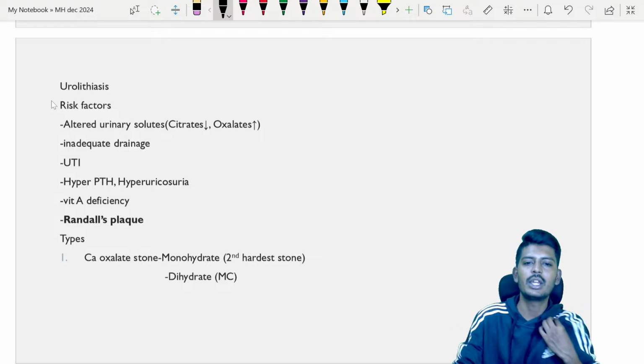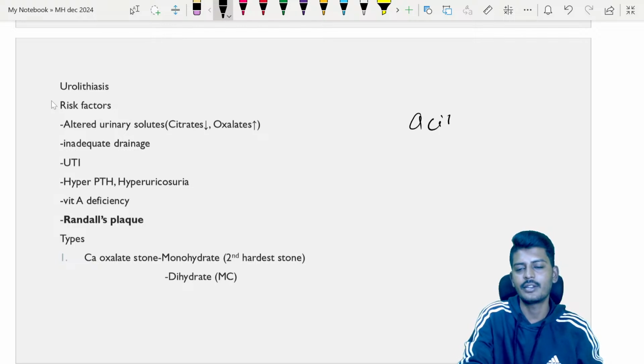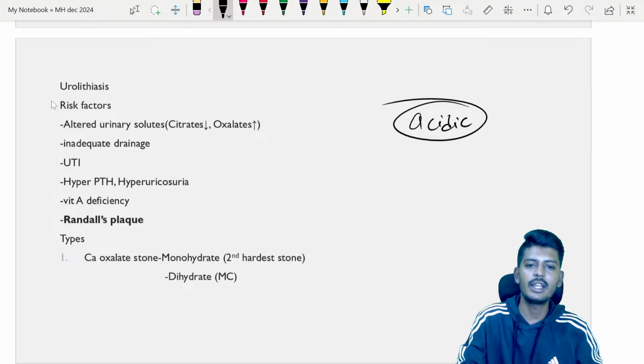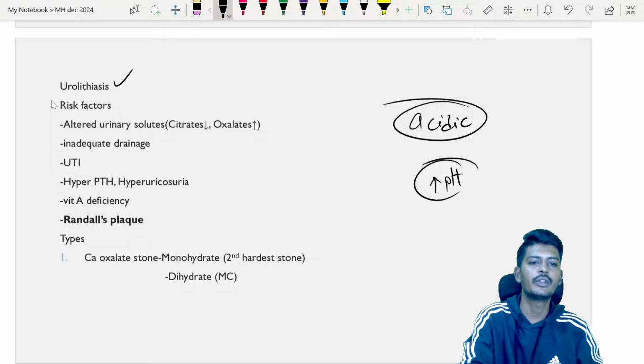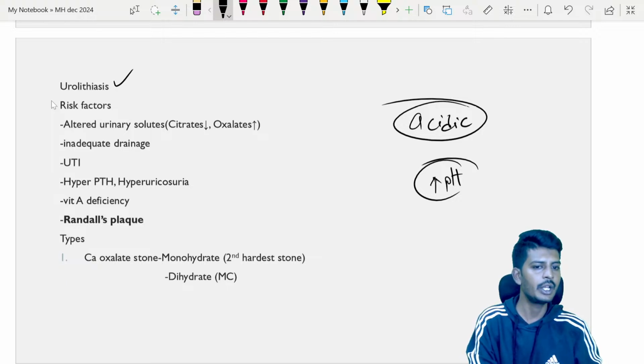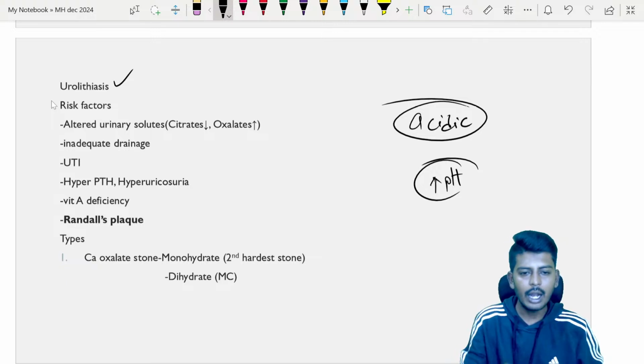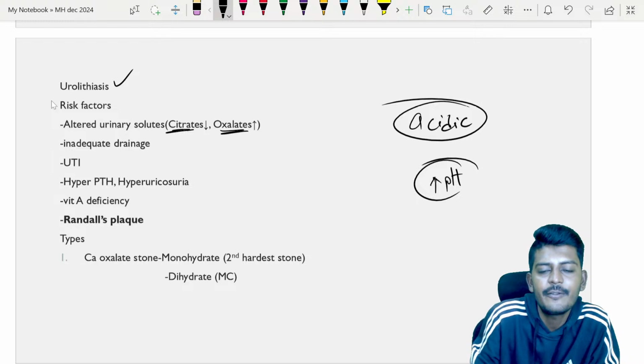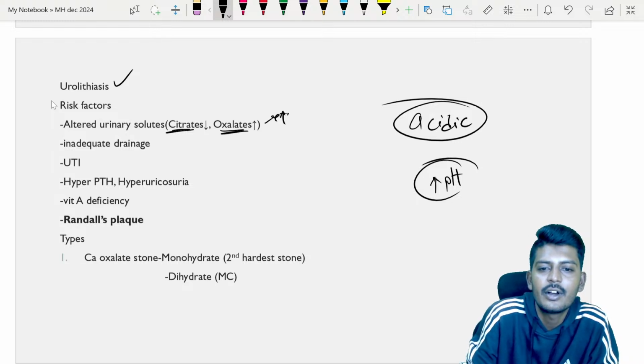So normally urine is acidic. If there is an increase of urine pH, that can also lead to urolithiasis. Okay, so the thing is altered urinary solutes. If there is a decrease of citrate and increase of oxalate, that increases the risk of stone formation.